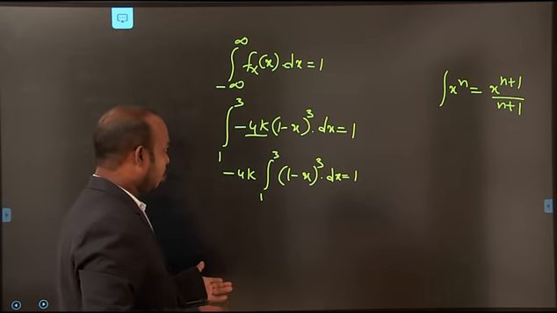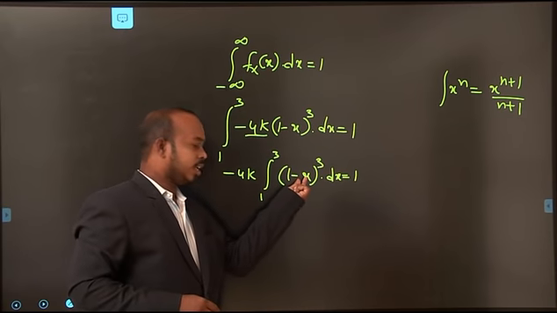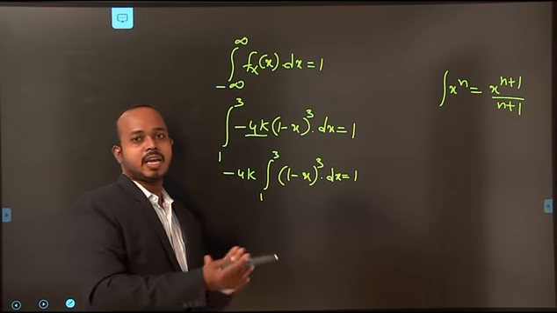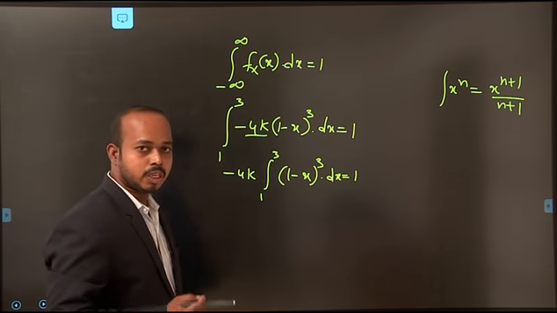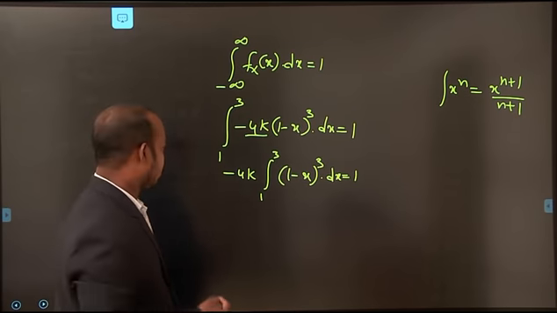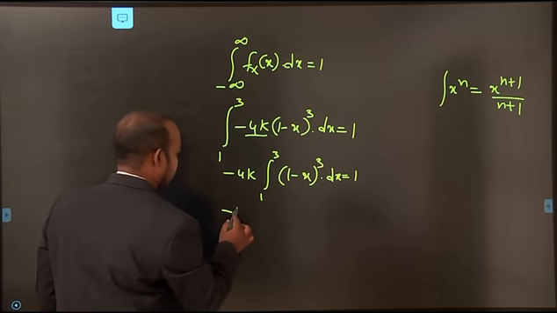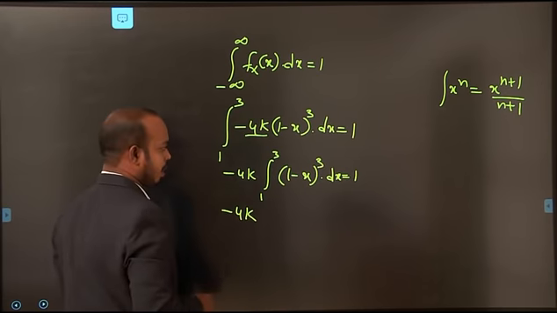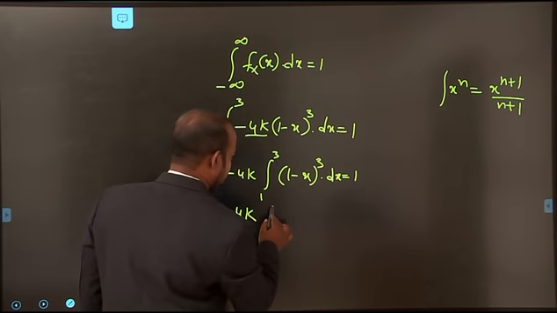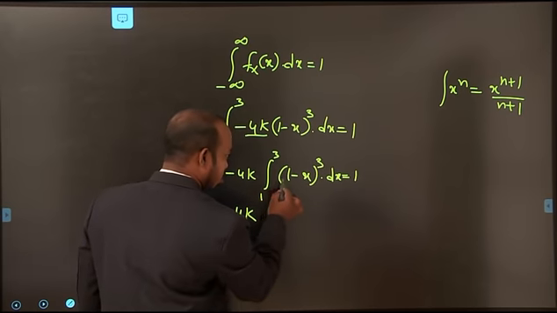Then we differentiate this quantity and multiply by the entire value. That is a property we have in integration and differentiation. That's why I am writing minus 4k and applying the integration on this function.